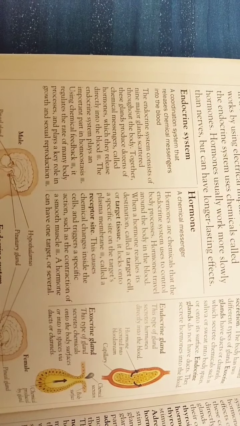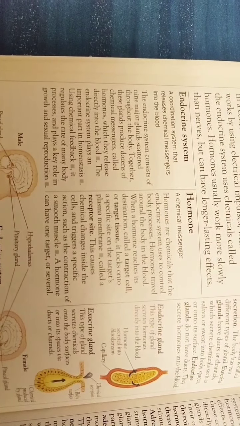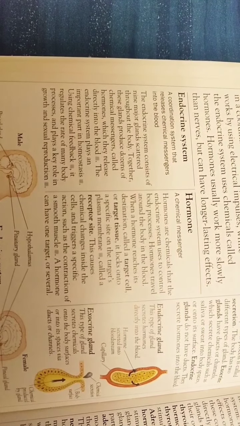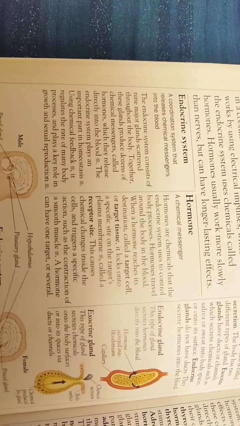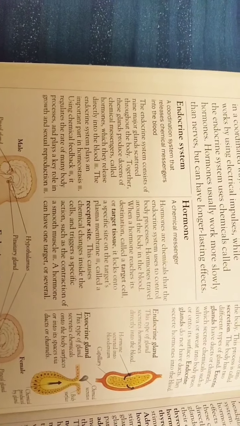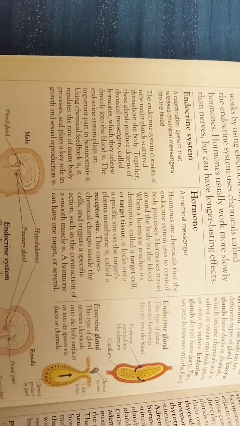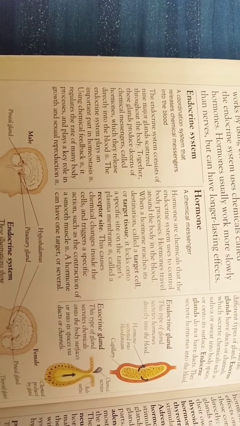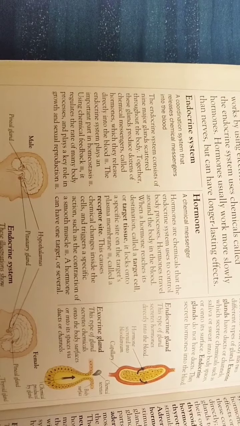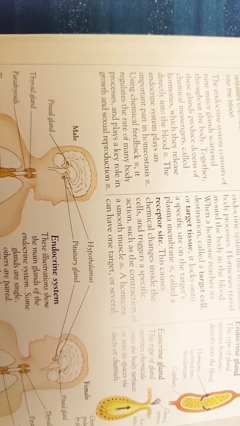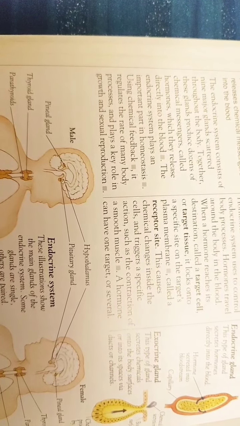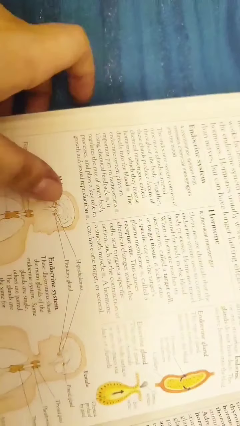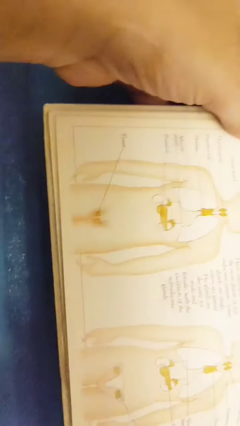Together, these glands produce dozens of chemical messengers, which are also known as hormones. The endocrine system plays a very important role in homeostasis, and let's study more about it.